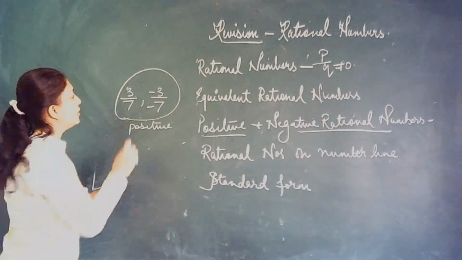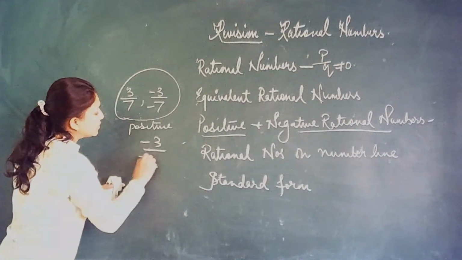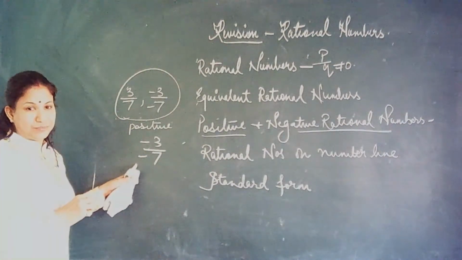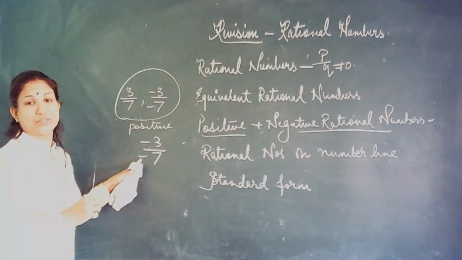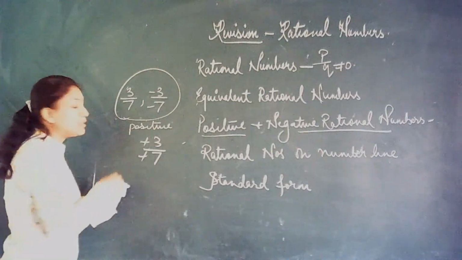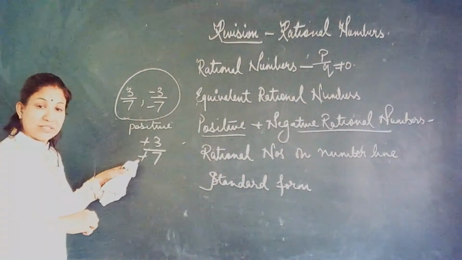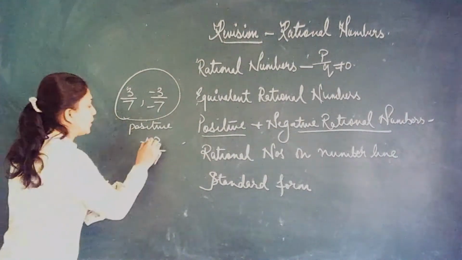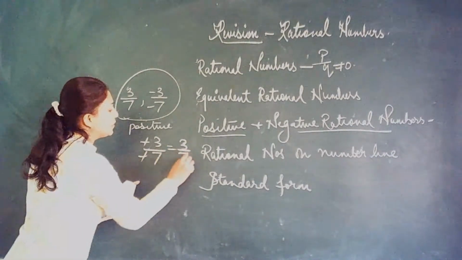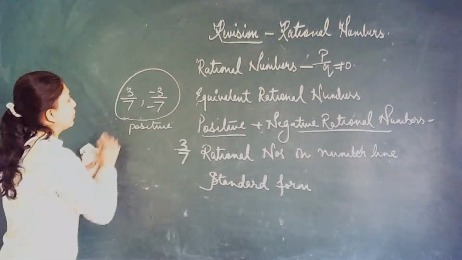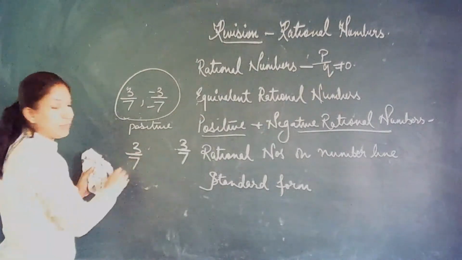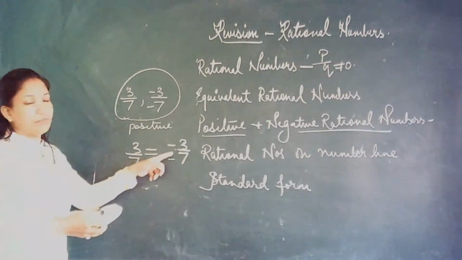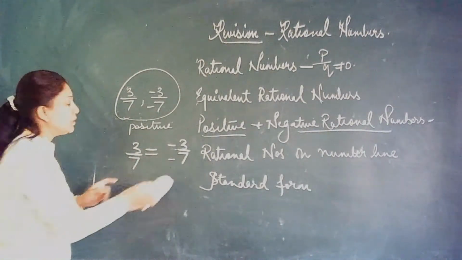You must be thinking, ma'am, how come minus 3 upon minus 7 is a positive rational number? It is a positive rational number because the minus and minus cancel each other. So when they get cancelled, what are you left with? 3 by 7. And what you have here? You have 3 by 7. So 3 by 7 is equal to minus 3 upon minus 7.